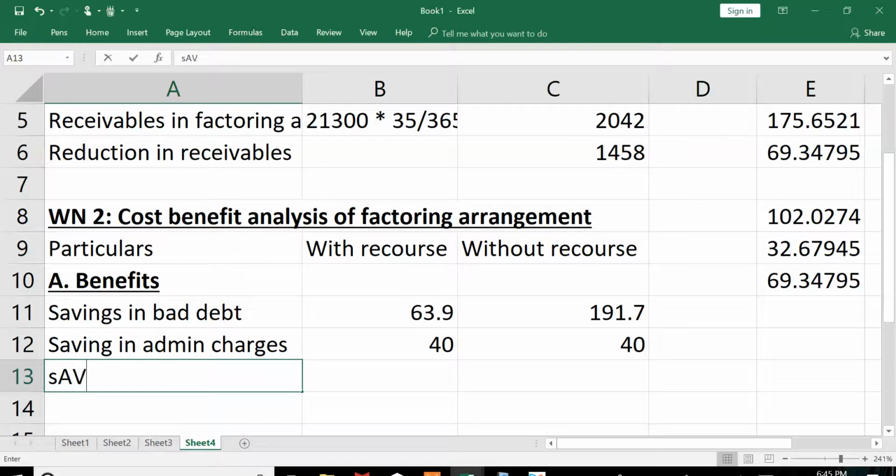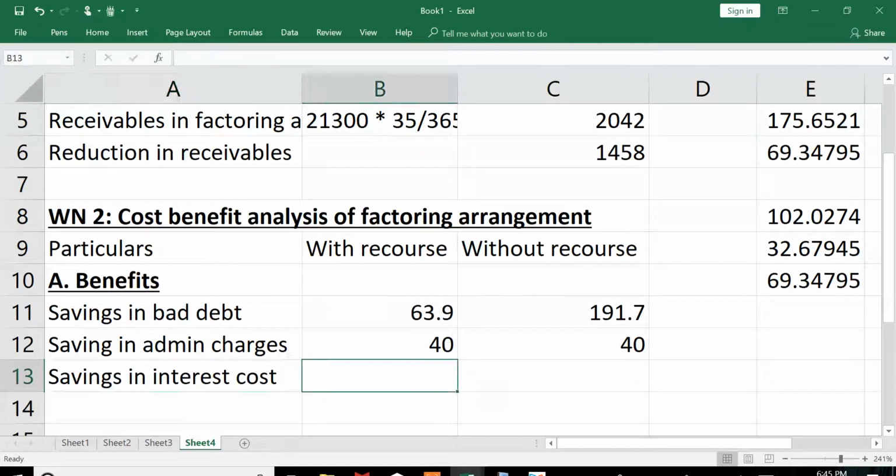Savings in interest cost is whatever is your receivables which is coming down, that into 7%. The extra interest cost is whatever is the receivables you have on that 80%, because the factor is saying I'll give you only 80%, and on that 2%, because he is charging 2% more. Clear? Any doubts on this?